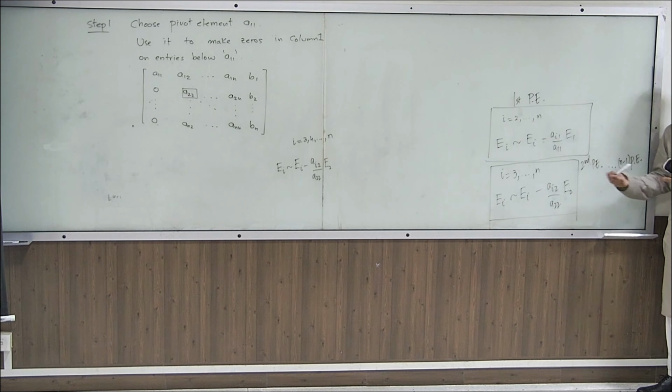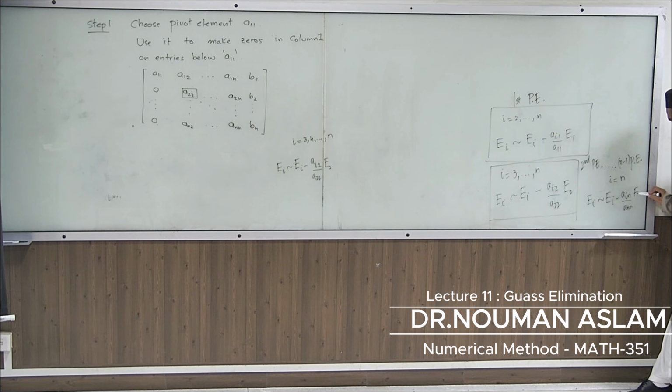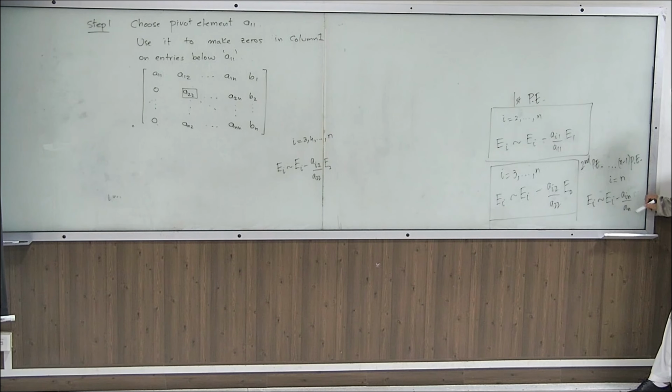which is n, and I can write a_i minus a_in divided by, sorry, okay, am I right? Yeah, I'm right. So the pivot element is n, am I right?